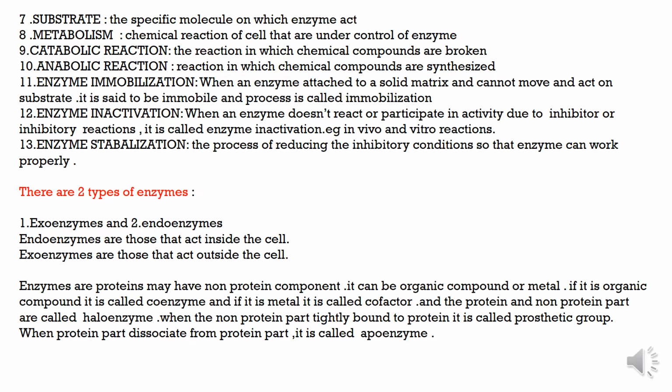If it's an organic compound, it is called coenzyme, and if it is a metal, it is called cofactor. The protein and non-protein parts together are called holoenzyme. When the non-protein part is tightly bound to protein, it is called prosthetic group. When the non-protein part dissociates from the protein part, the protein part is called apoenzyme.